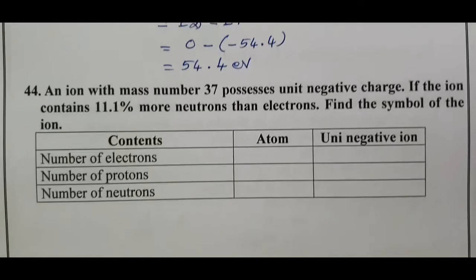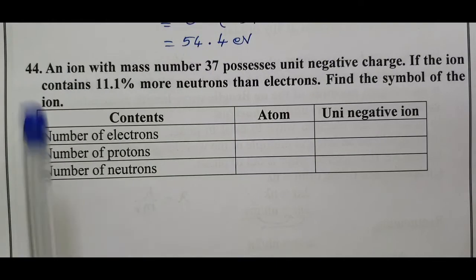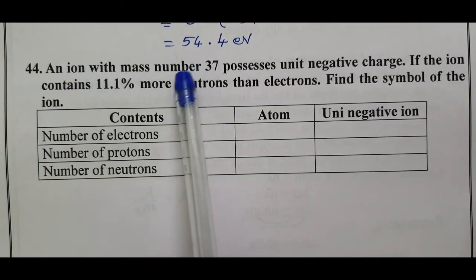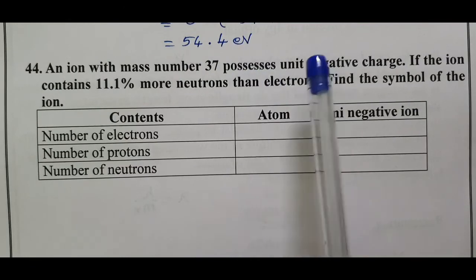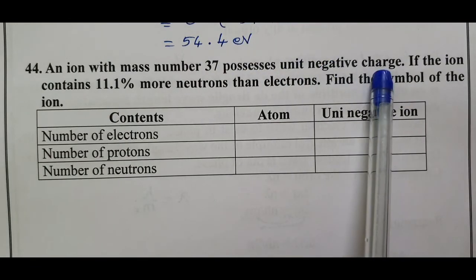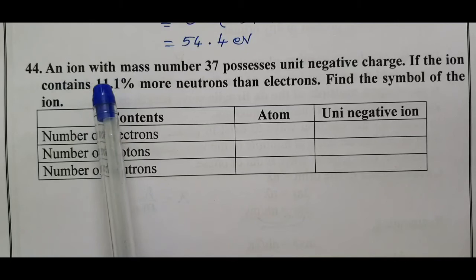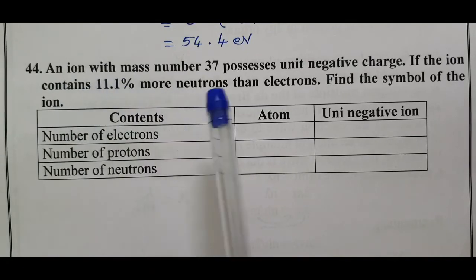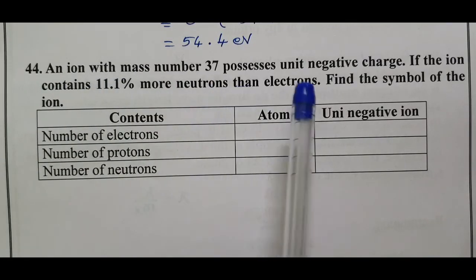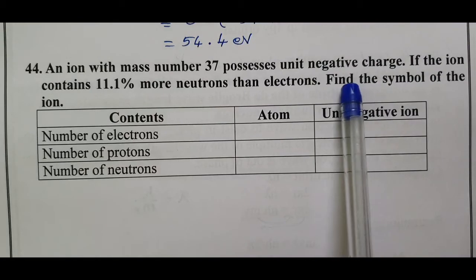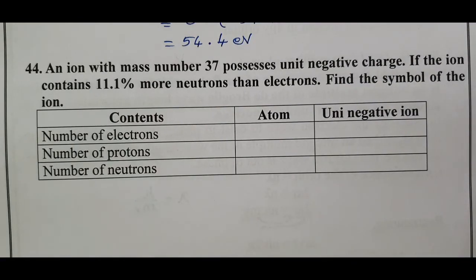Come to question number 44. An ion with mass number 37 possesses unit negative charge. If the ion contains 11.1% more neutrons than electrons, find the symbol of the ion.